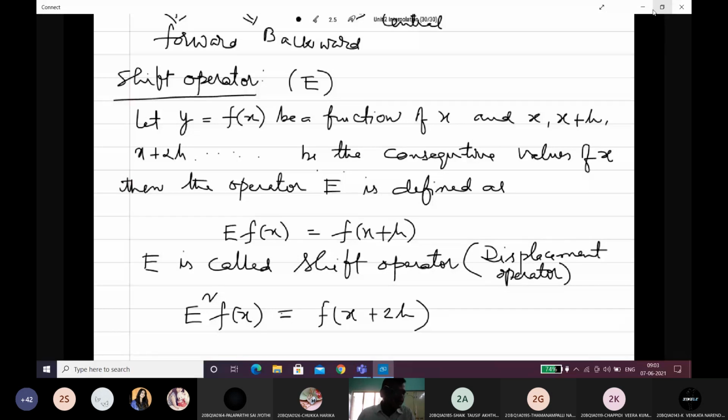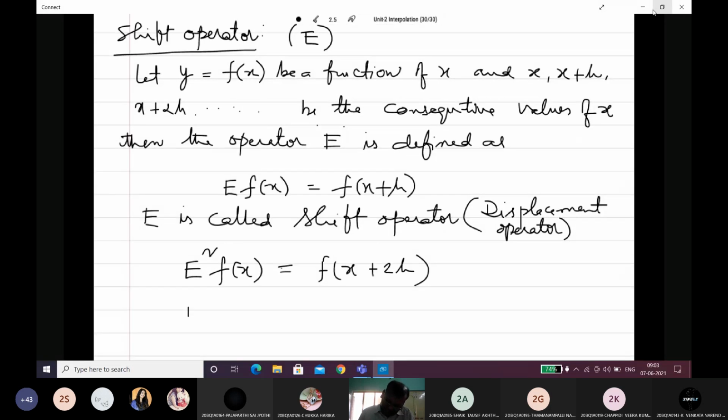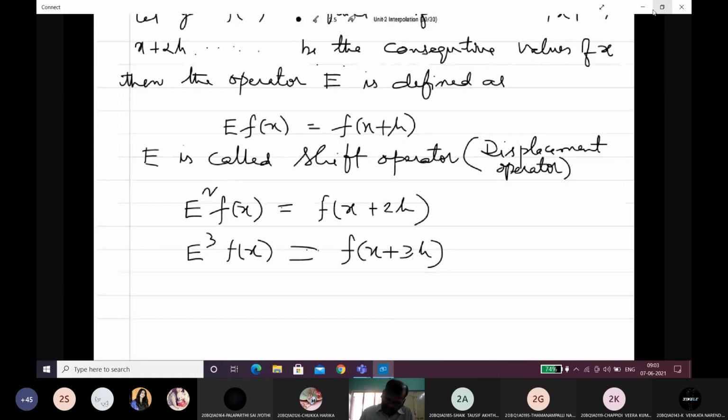And E cubed of f of x is f of x plus 3h, etc.